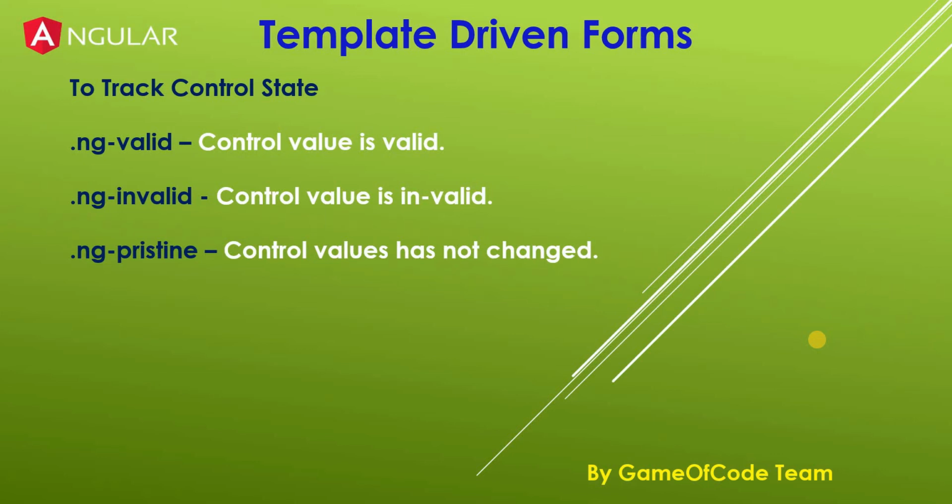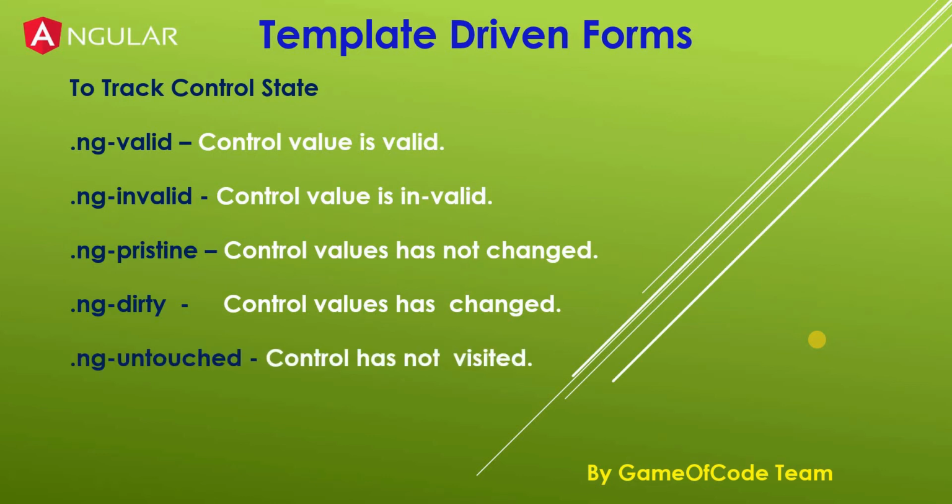Next is ng-pristine, which means the control value has not changed. Next is ng-dirty, which means the control value has been changed. Next is ng-untouched, which means the control has not been visited. Next is ng-touched, which means the control has been visited.